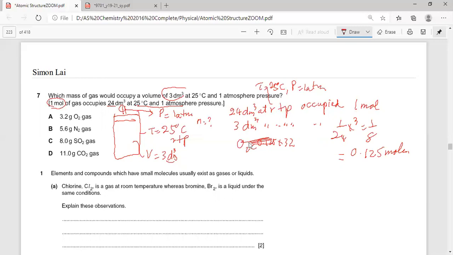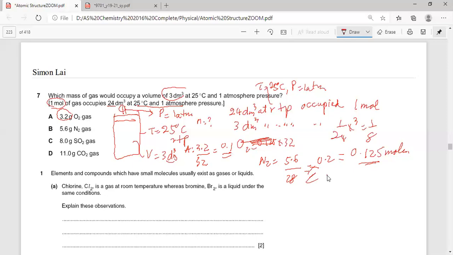So find how many moles this is. For oxygen, it's 3.2 divided by 32, isn't it? How much is that? It's 0.1 moles. Not this one. Nitrogen, 5.6 over 28. How much is this? 0.2. So not this one here.